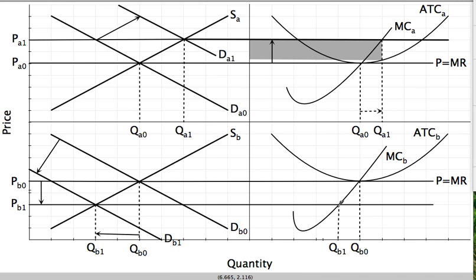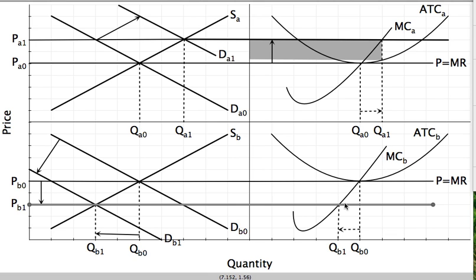So what we end up saying is that there's a decrease in production for these firms. Why? Because as the price falls, they're going to produce less and less. Remember, the short-run supply curve is going to be marginal cost above average variable cost.